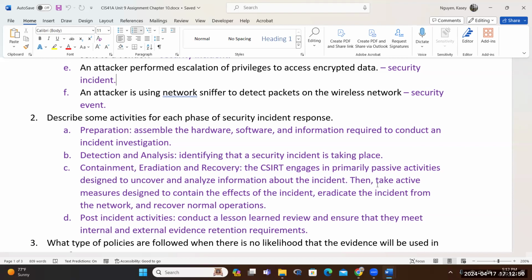We just make it inactive so that it's not malicious to our system. Then we have to recover. So if your data is corrupted, you have to pull your backup, restore from your backup, and then go back to your normal business.